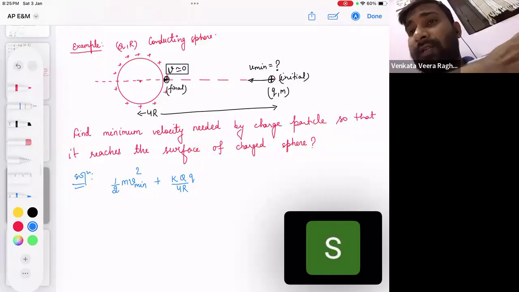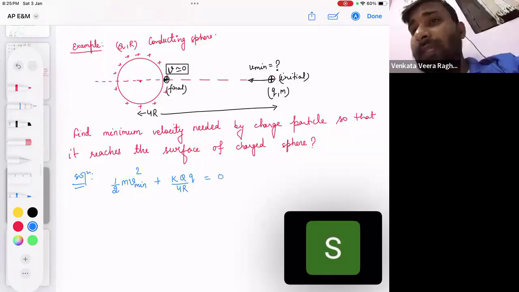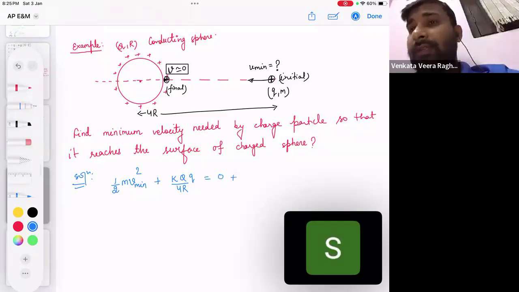That makes it the potential energy. Finally, kinetic energy 0, because it is just able to reach that, plus final potential energy kQ by r into the charge. So that gives us the minimum velocity requirement.